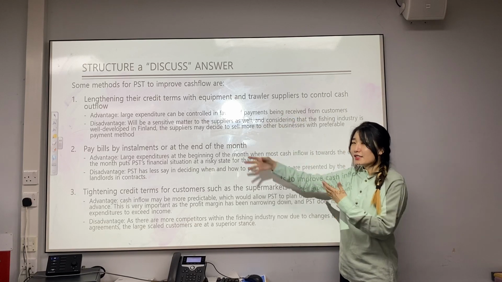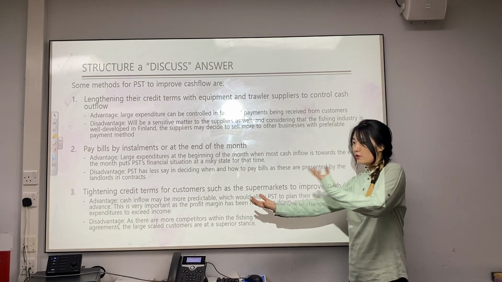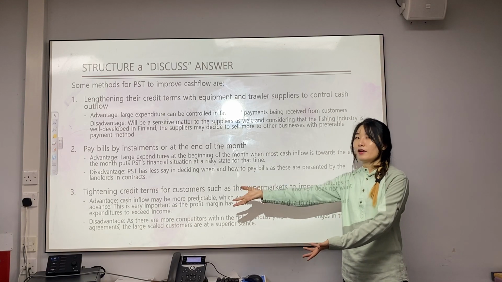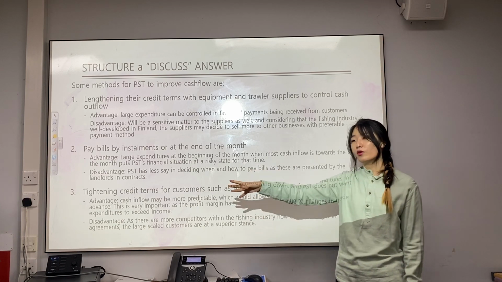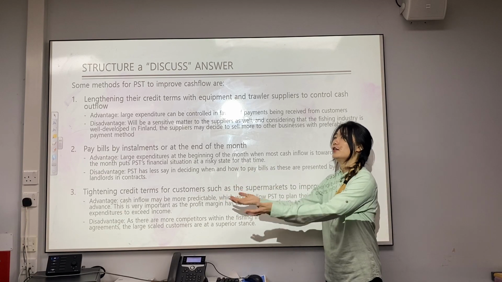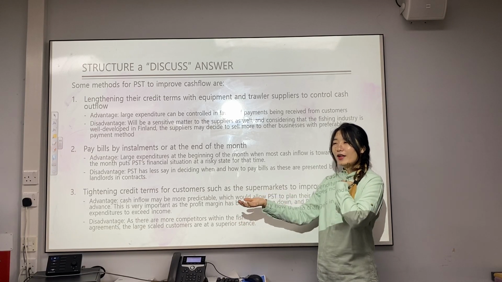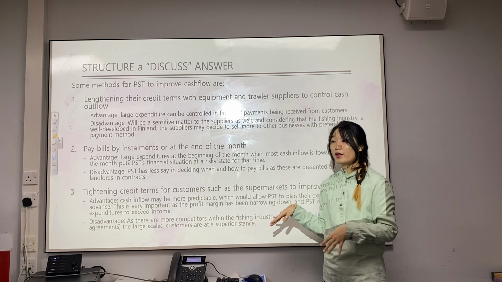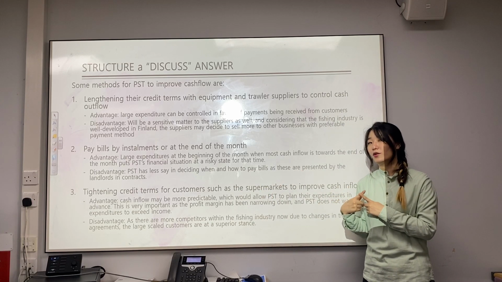It will be a sensitive matter to the suppliers as well. If I pay them slower, it impacts their cash flow. And because the suppliers are in a better position, they have more ships and fishers asking for their trawlers, we're not in a situation to say I'm going to pay slower, because they could say, okay, then I'm not selling to you anymore.